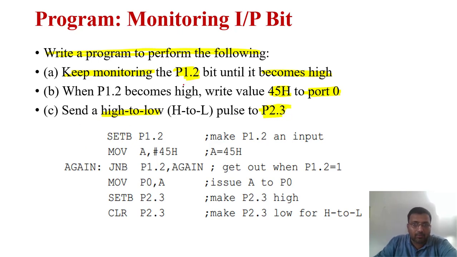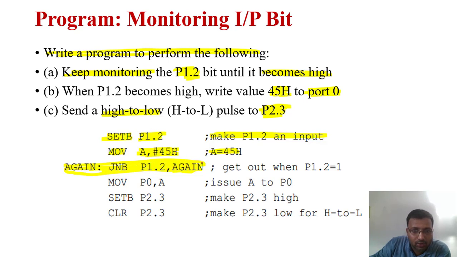So here we can monitor this. This bit is an input. How do we make an input bit? By sending 1. So I can write SETB P1.2, which makes P1.2 an input. Here I write MOV A, #45H. This data I need to transfer to port 0, so I have taken it into the accumulator. Then the instruction JNB P1.2, again: this instruction will wait until this bit goes high.